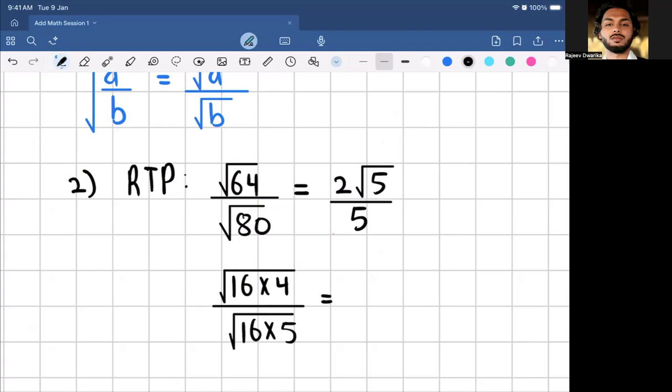Right, and then we're going to split it up into root 16 by root 4 all over root 16 by root 5.